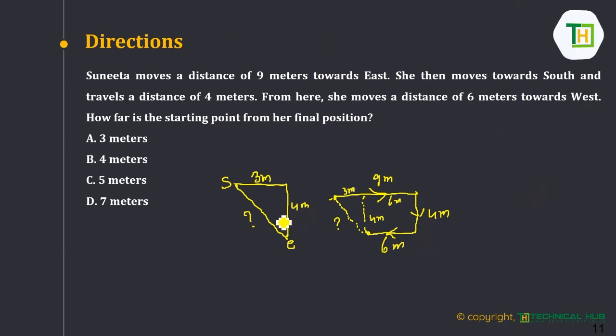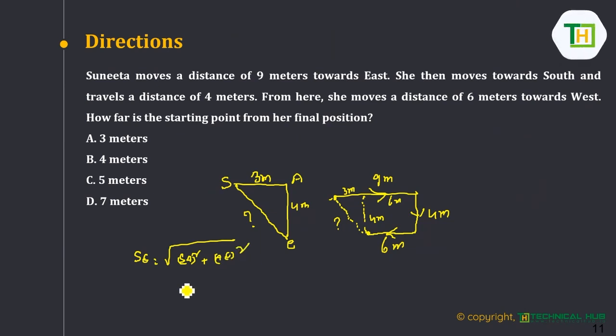Right angle triangle means using Pythagoras theorem, hypotenuse equals square root of side square plus side square. Suppose this is A. The hypotenuse is SE. So SE equals square root of SA square plus AE square.